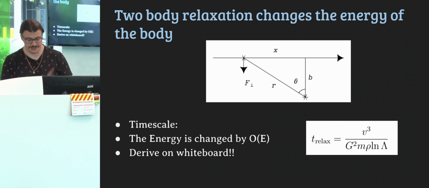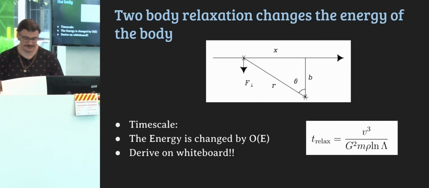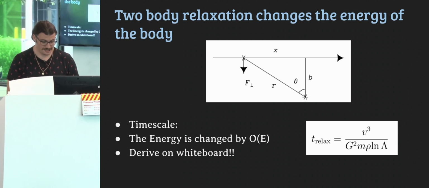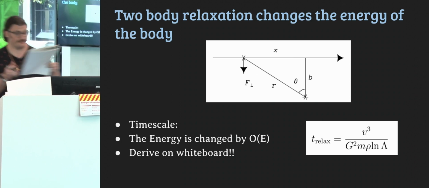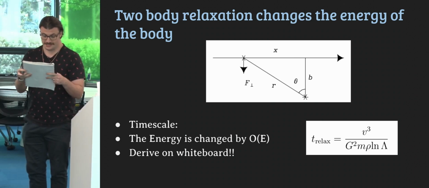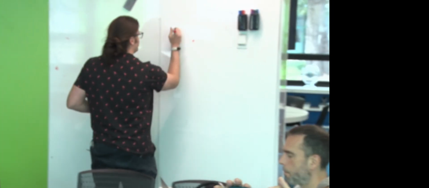that at least in this case the energy was constant, but eventually it will change after some time. The way to think about that is, maybe you have a star here, and you have a flyby.